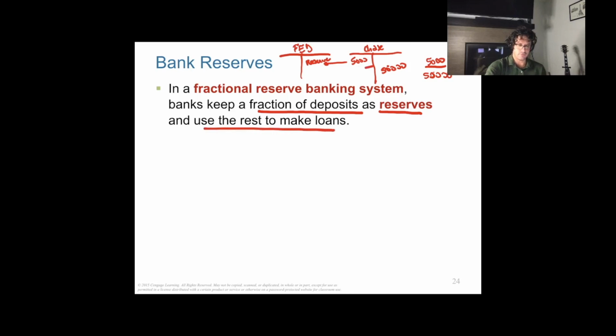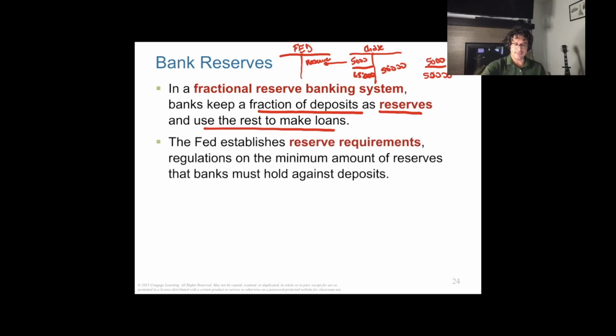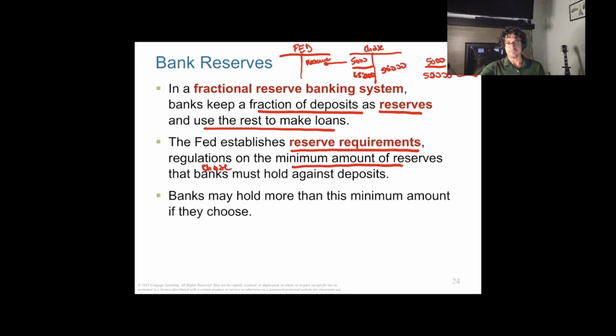We mentioned before, $45,000 in the form of mortgages. Okay, the Fed establishes the reserve requirement. What is this percentage? The Fed may require 10%, 12%, 15%. So the minimum amount of reserves that banks like Chase must hold against their deposits.